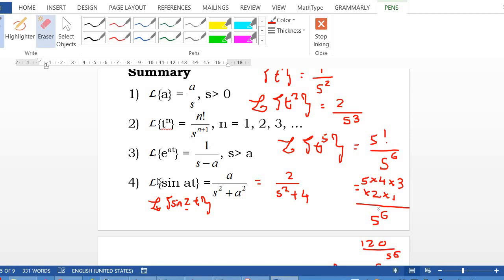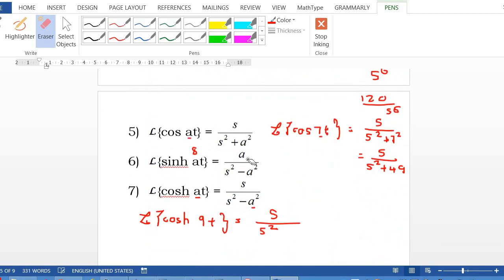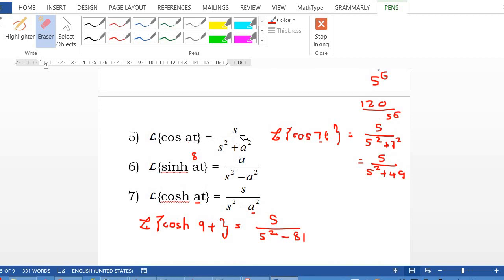The Laplace transform for sin at is a over s squared plus a squared. The Laplace transform for cos at is s over s squared plus a squared. The Laplace transform for hyperbolic sin at is a over s squared minus a squared, different from the normal sin, which is plus. The Laplace transform for hyperbolic cos at is s over s squared minus a squared, different from the normal cos, which is plus. Okay, thank you for your attention.